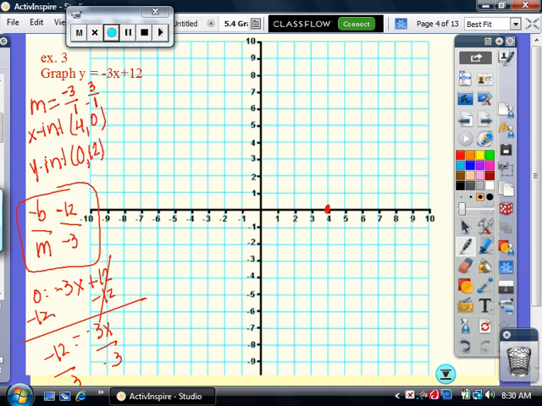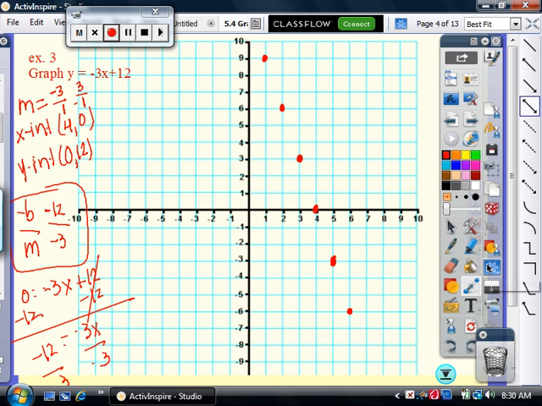I mean, you're going to start up here at 12, come down to 4. But let's generate some more points with our slope. If I use this slope, I would go down 3 and to the right 1. If I use this slope, I would go up 3 and to the left 1. Going toward that 12 now.